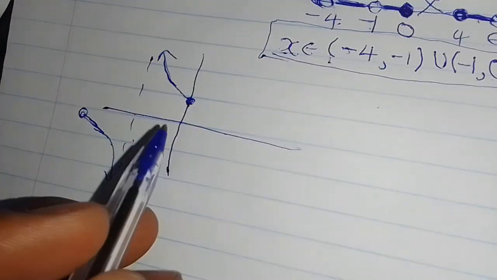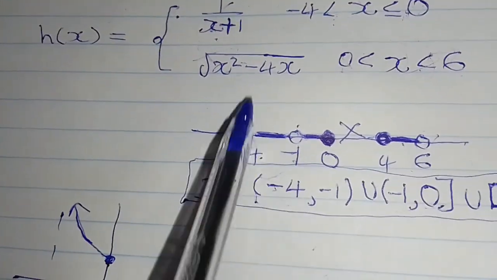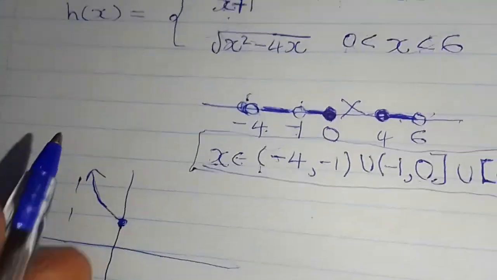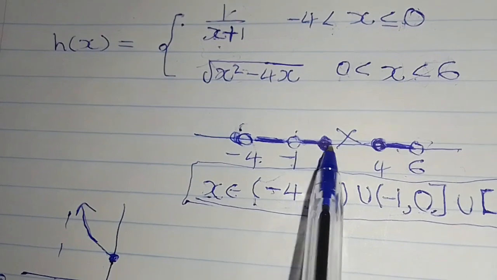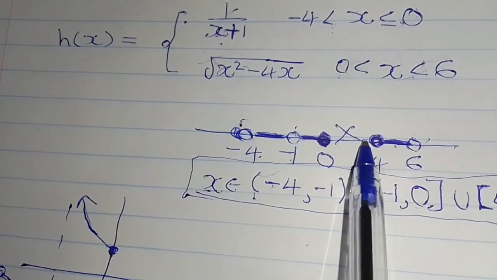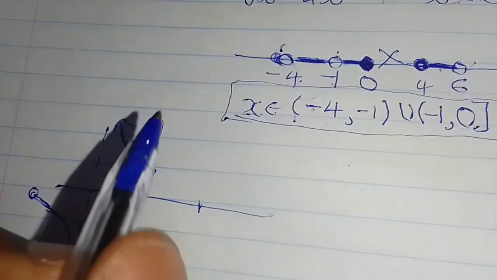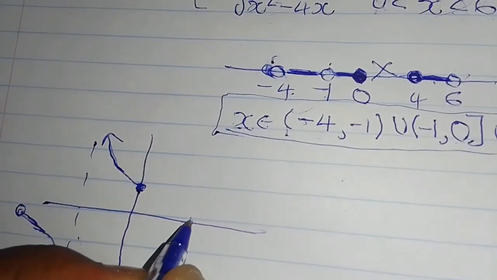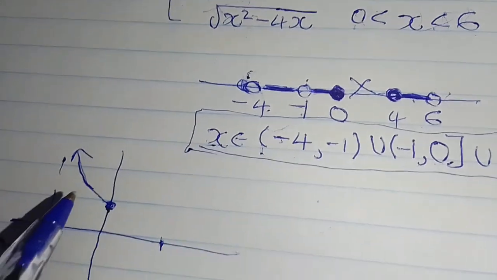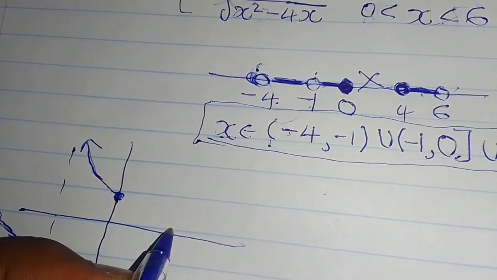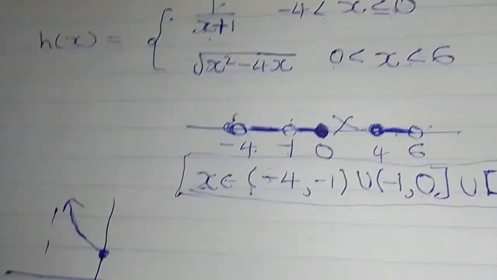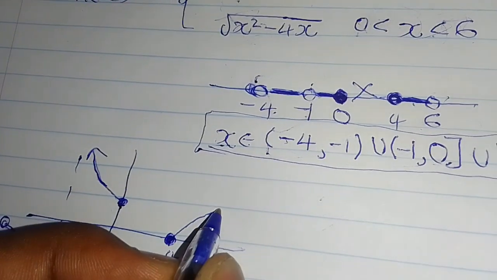And then you draw the second portion of h of x. And remember, if you pay attention to the domain, you realize that we're going from 4 up until 6. So if you plug in 4 here, you get 0, and that point will be included. So we'll have 0 here, proceeding all the way up until 6.